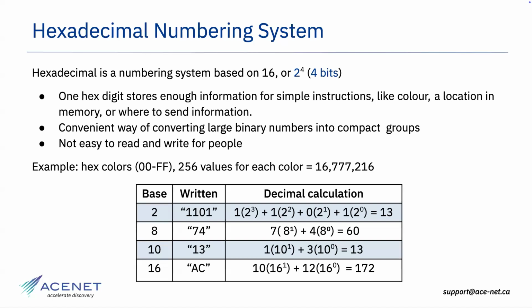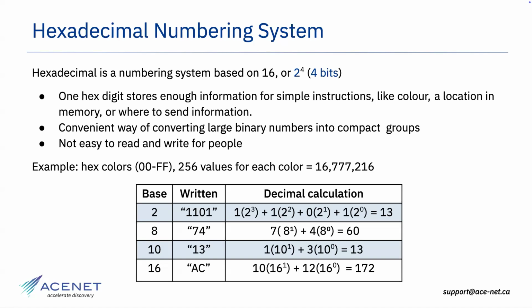The hexadecimal number system is a type of number system that has a base value equal to 16. It's also sometimes pronounced as hex. Hex numbers are represented by 16 symbols.